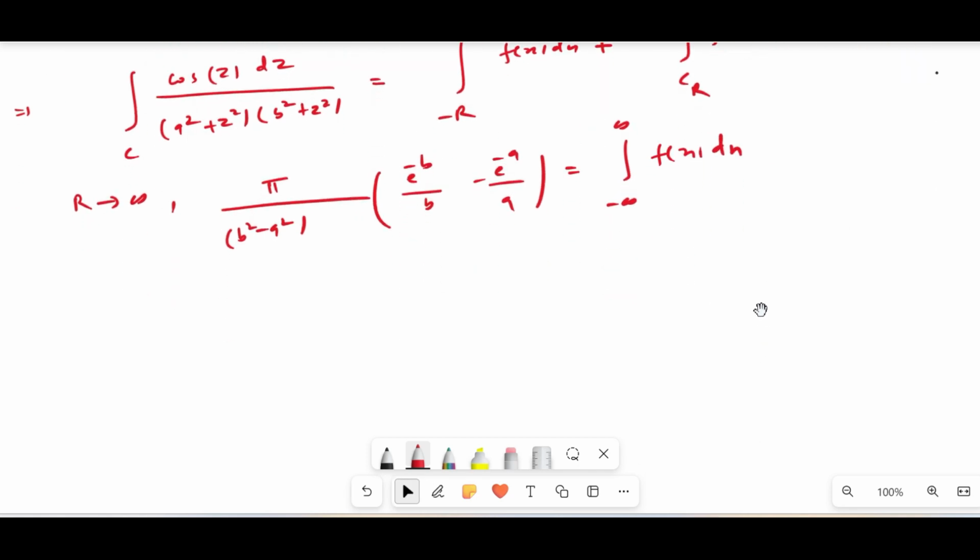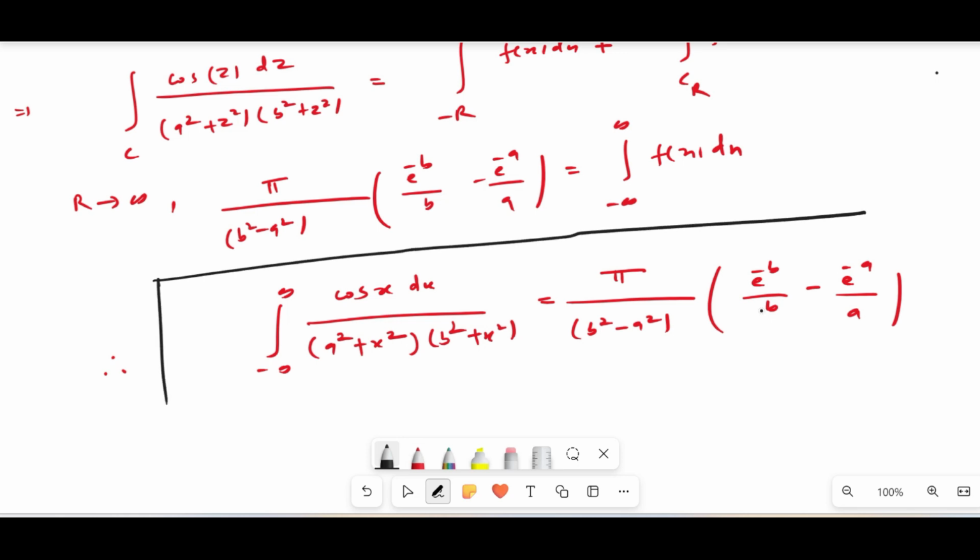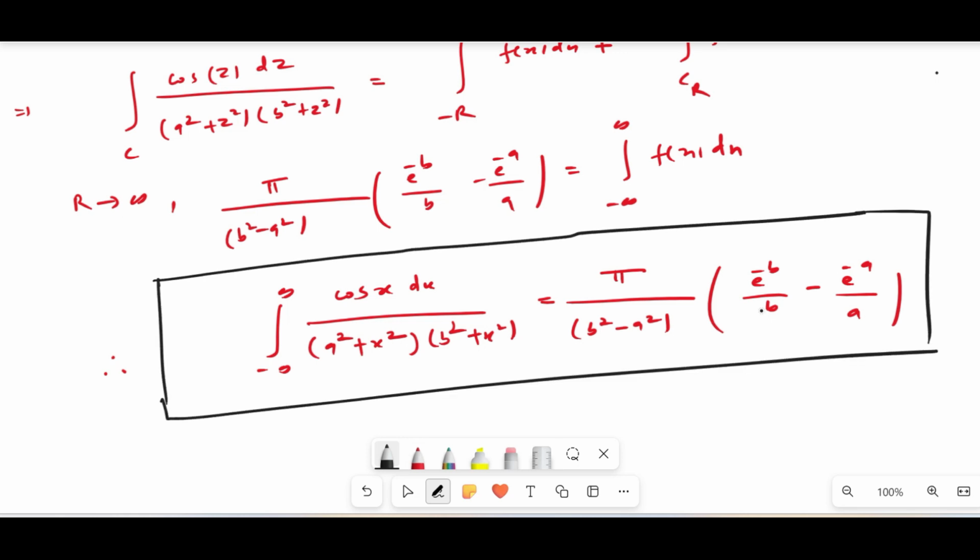So therefore our required final answer: the integral from negative infinity to infinity of cos x dx upon (a square plus x square)(b square plus x square) is equal to pi upon (b square minus a square) multiplied by (e to the power of negative b upon b minus e to the power of negative a upon a), and this is our required final answer.